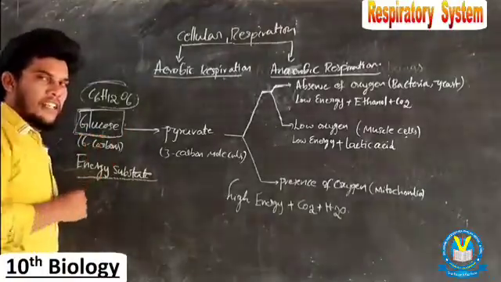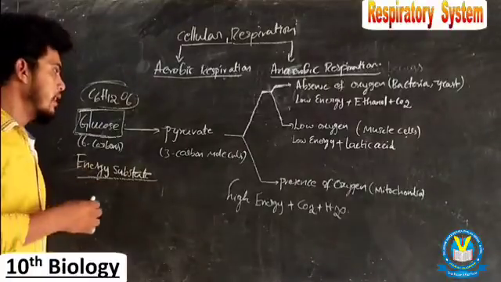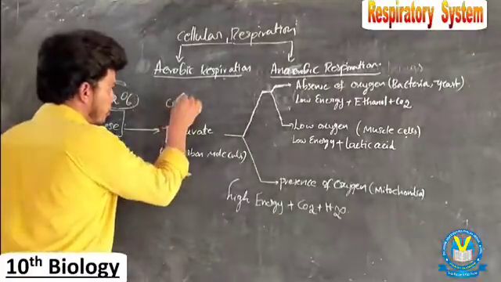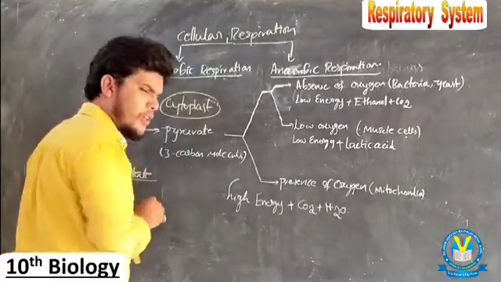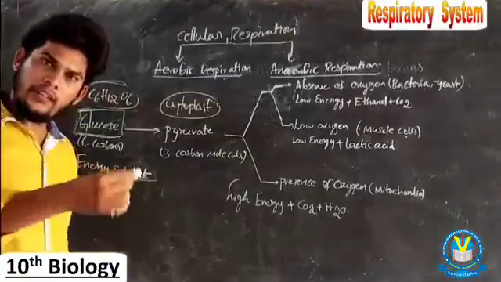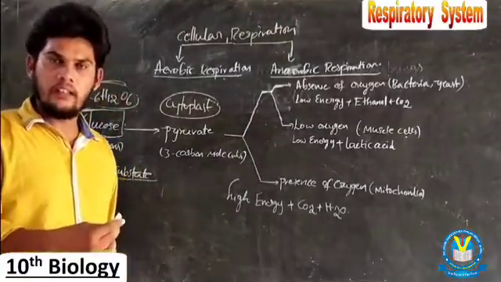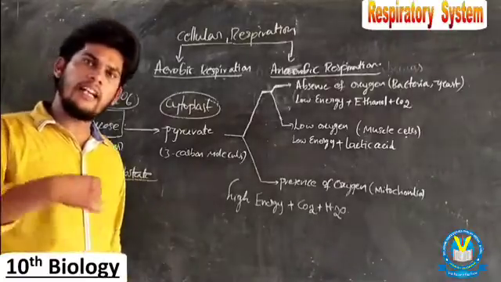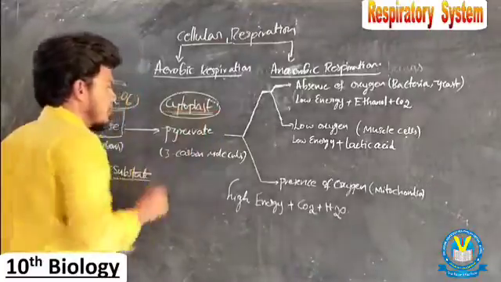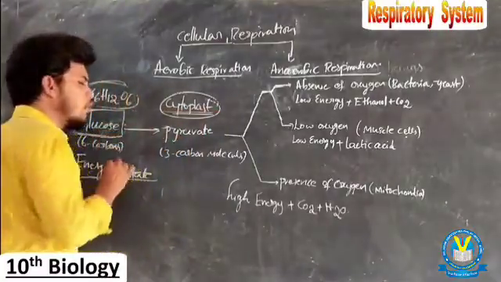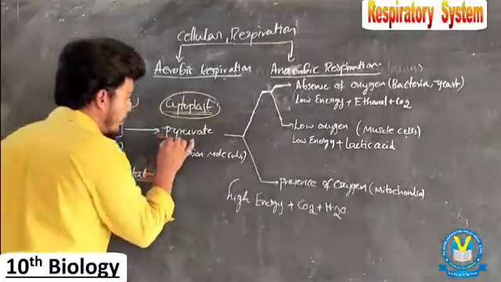When it reaches the cell, into the cytoplasm, whether it is a prokaryotic cell or a eukaryotic cell, whatever the cell type, in the cytoplasm this glucose is broken down into pyruvate.